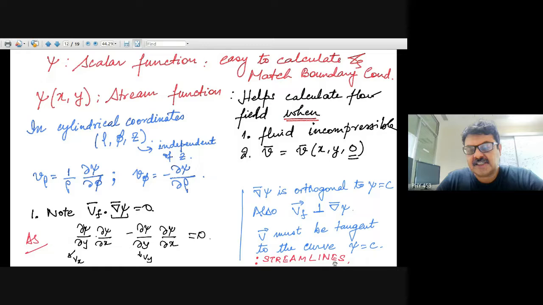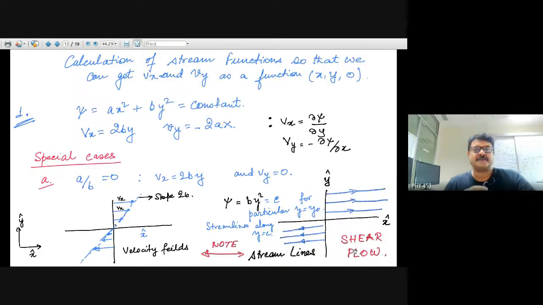So psi equal to c is essentially the direction of the streamlines, right? Because remember that v is along the tangent, the local direction of flow. So this must be tangent to the curve psi equal to c. That's the reason that psi equal to c will be the streamlines, right? So that's one interesting consequence.